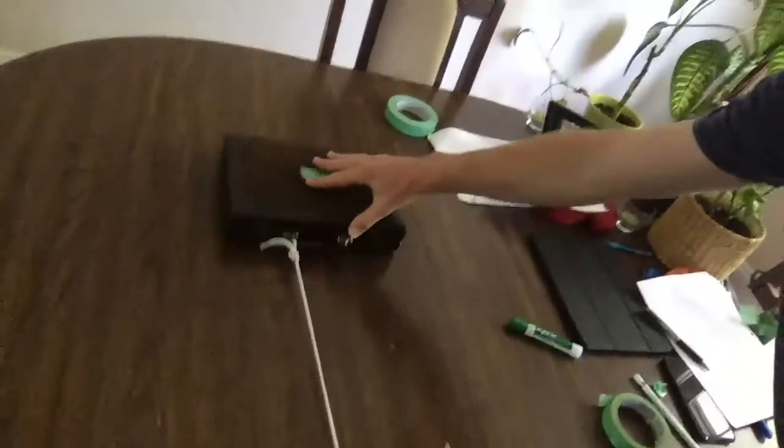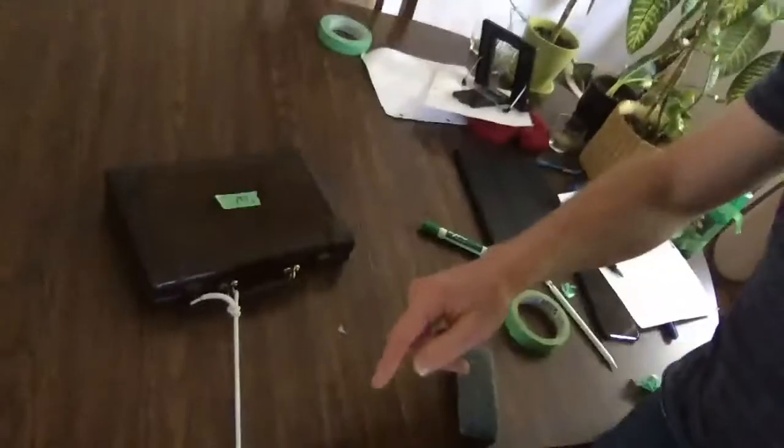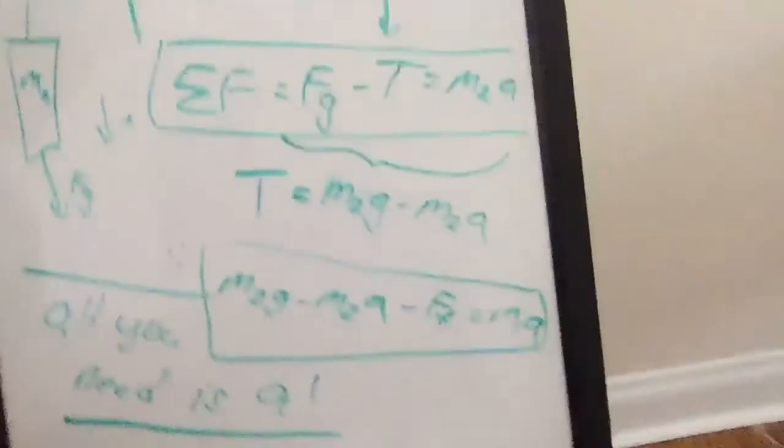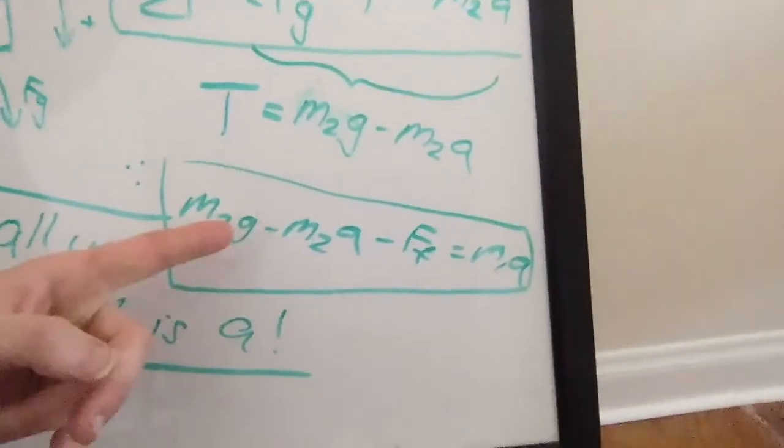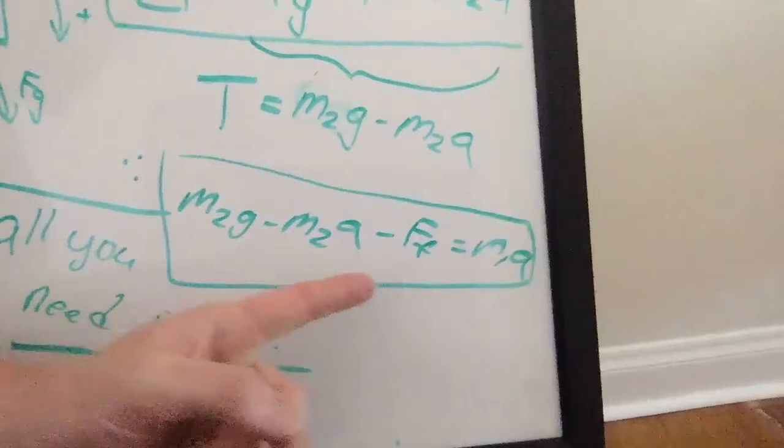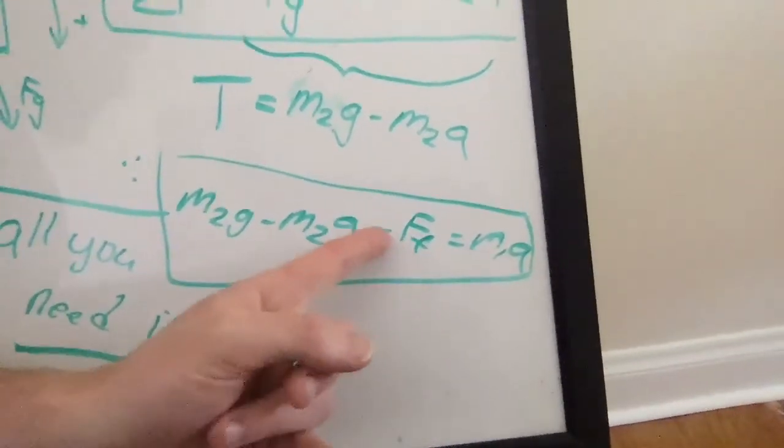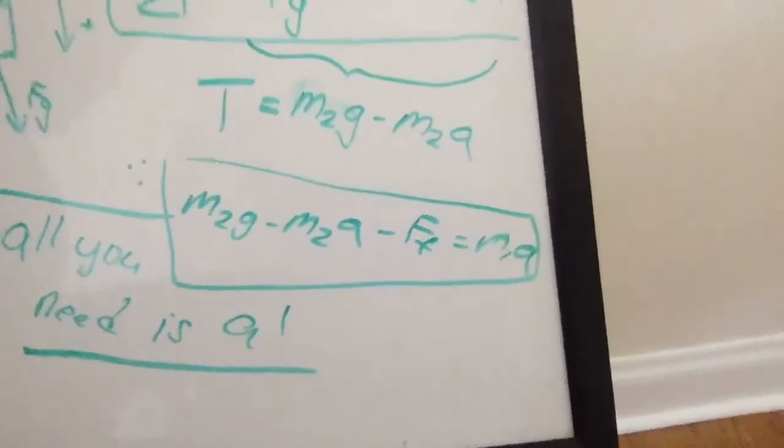So maybe you time how long it takes for this briefcase to move a distance across the table. Now you can calculate your acceleration using kinematics, and then you can use this formula right here. You've got gravity, your masses, acceleration, your force of friction, which has your coefficient of friction in it. So you can go ahead and solve it all the way, okay?